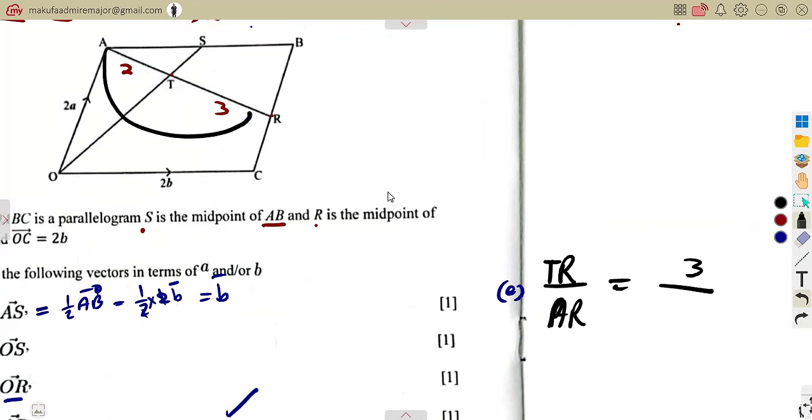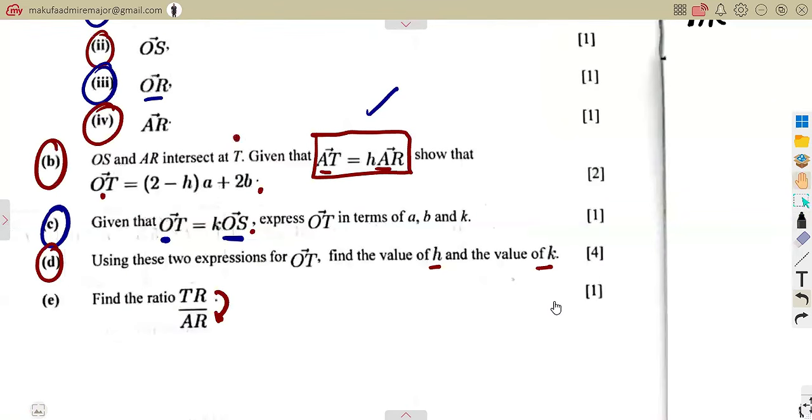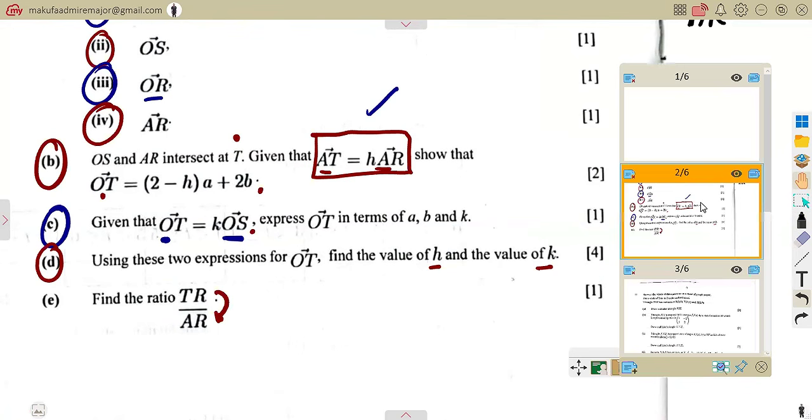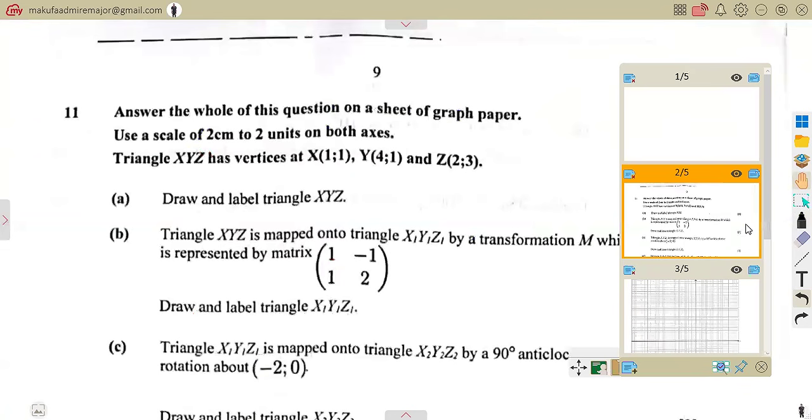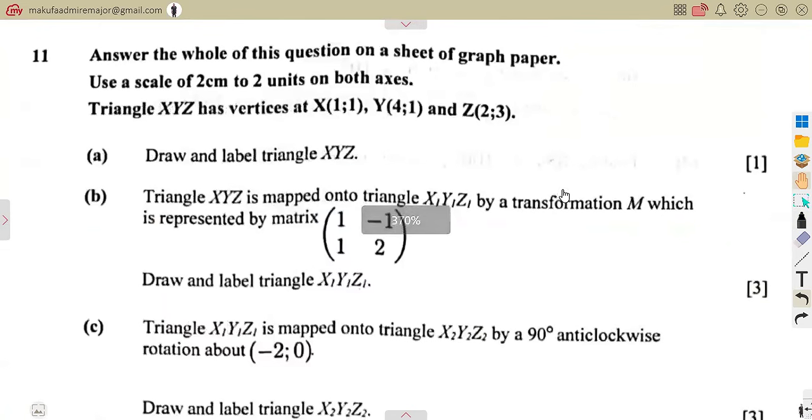From A to R, how many units? 2 plus 3, which is 5. So that will be 3 over 5. You can relate from a statement or a ratio that you calculated before or that you were given before. From that statement or ratio that you are given, you can use it to answer that question. That is how easy it is to work from what you calculated or what was given before.